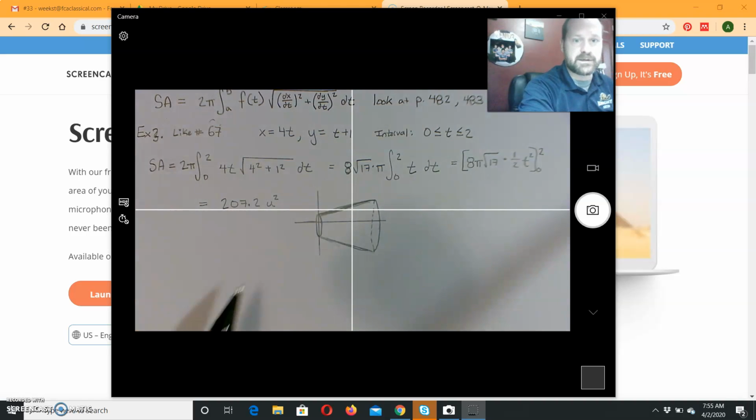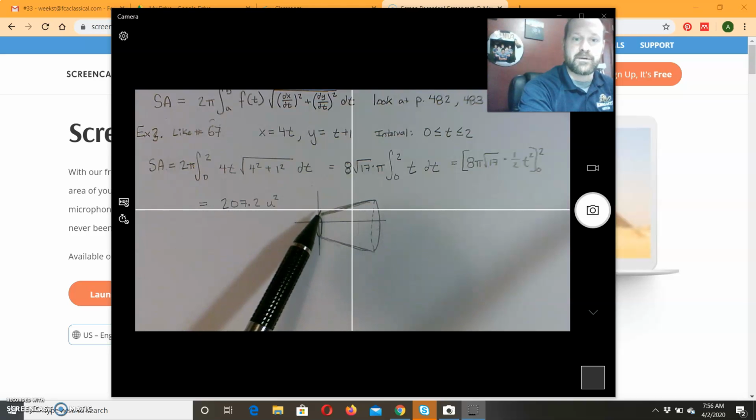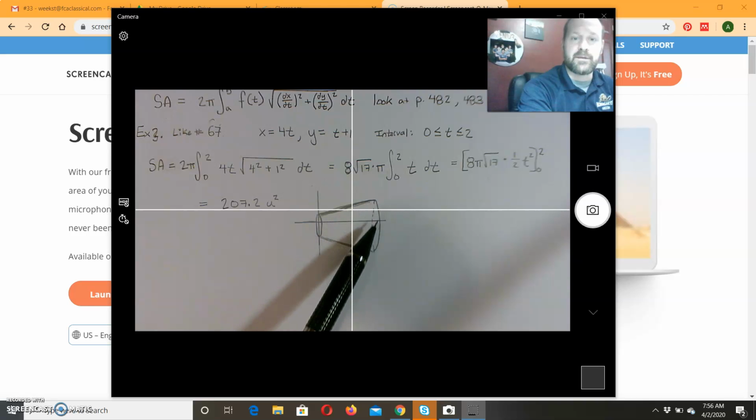I know it's not the best, but it's kind of like a lampshade lying on its side. The surface area that we want is all of this, and of course the back side. That's what we calculated here. This was our original curve, and then we rotated it around the x-axis. All right, we're going to move on to one more.